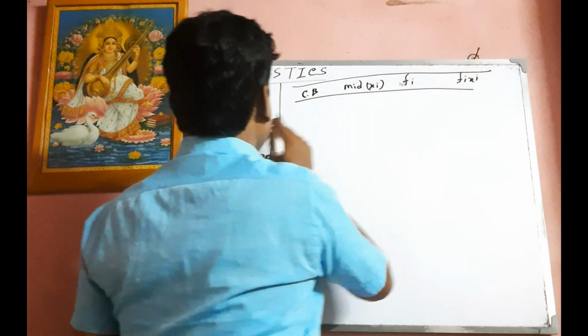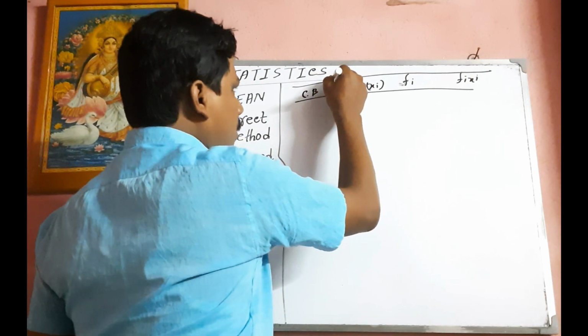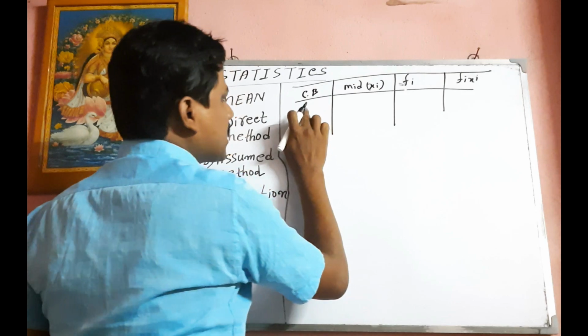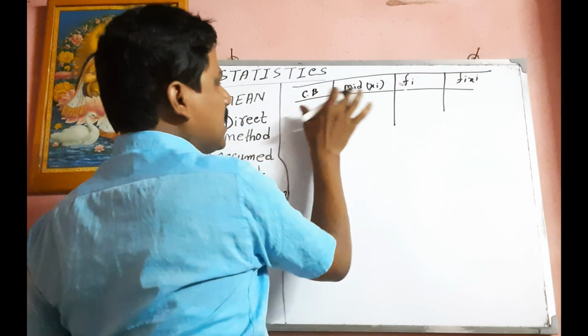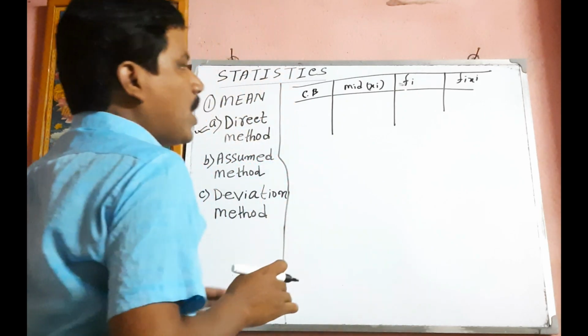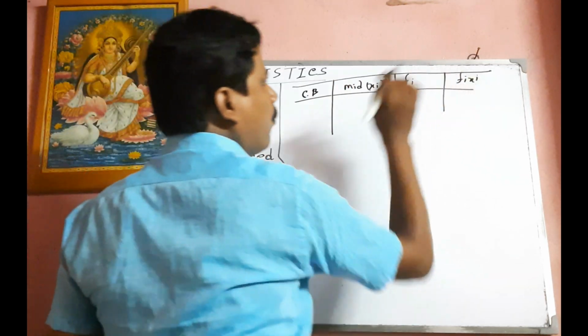In this method there are four parts: first the class boundary, then the mid of the class, third the frequency, and the fourth part is the multiple fi xi.